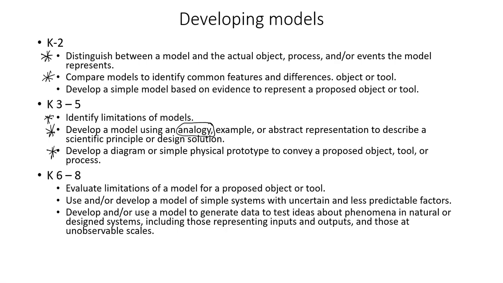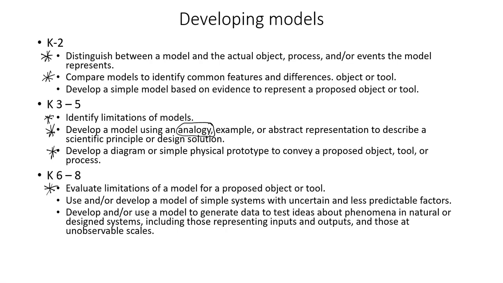Now, when you go to K6 to 8, it's not just mentioning the limitations of models. You have to evaluate them, talk about them, discuss them. So this limitation, is it a good limitation? What should we do? Should we mitigate it, or should we just leave it and say it's a limitation, it's not going to affect our model?